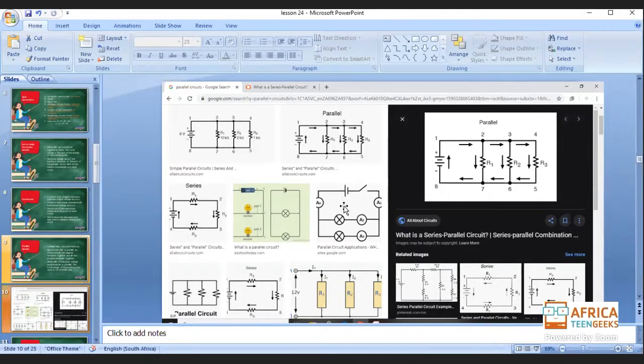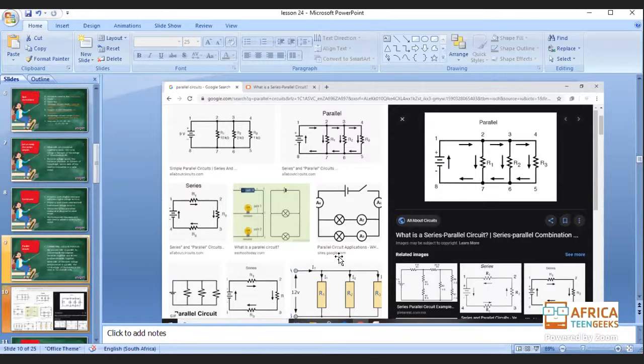We know that they are lines that will never ever meet. So same here, this is parallel. Look at this one again. If you're looking at resistor 1, resistor 2, and resistor 3 here, you will see that they are also parallel to each other. Therefore, we say this is a parallel circuit. Are we clear? Grade 9.